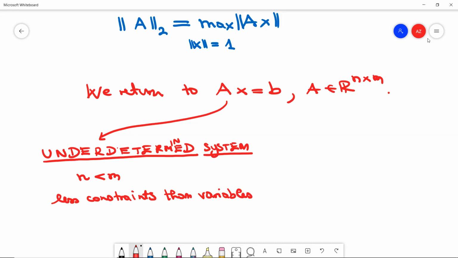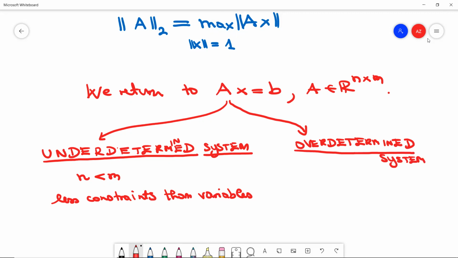And then the opposite direction is that we have an overdetermined system, which means that n is bigger than m, and this means that we have more constraints than variables. So every row of A is one linear equation, one constraint, and every coordinate of X is one variable.